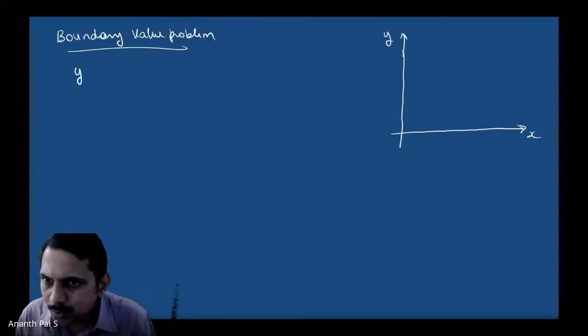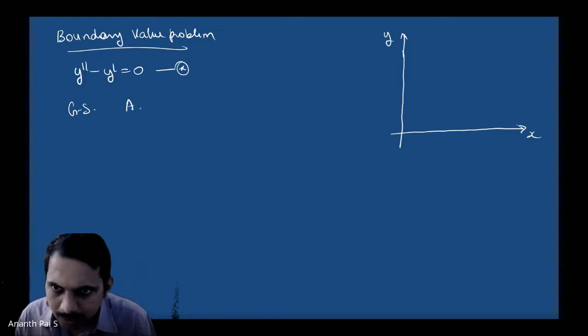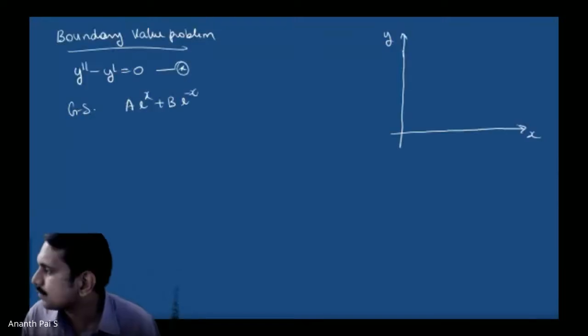The equation is y double dash minus y dash is equal to 0. This is the differential equation, right? What is the general solution? The general solution is a e power x plus b e power minus x.